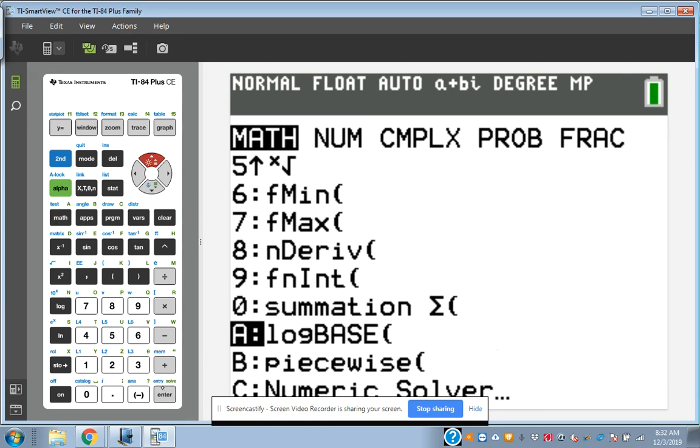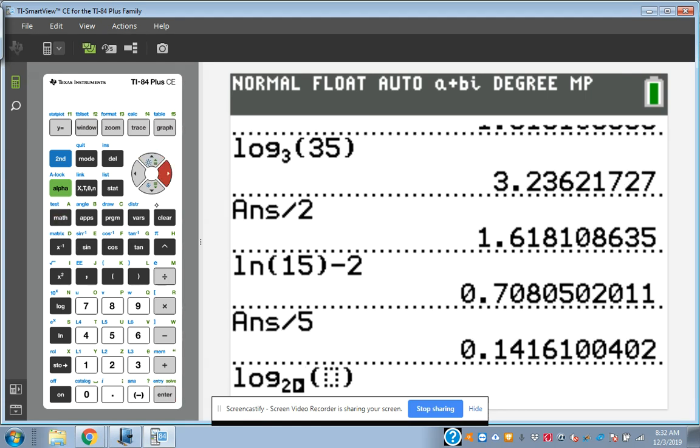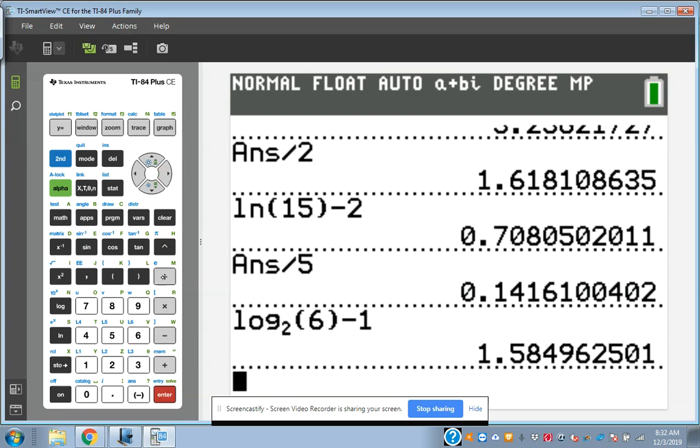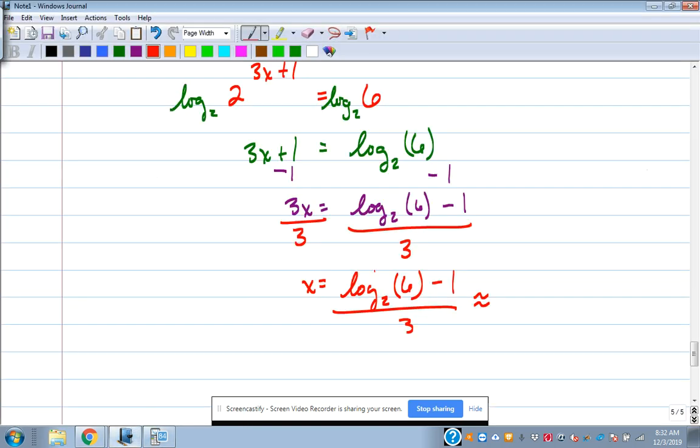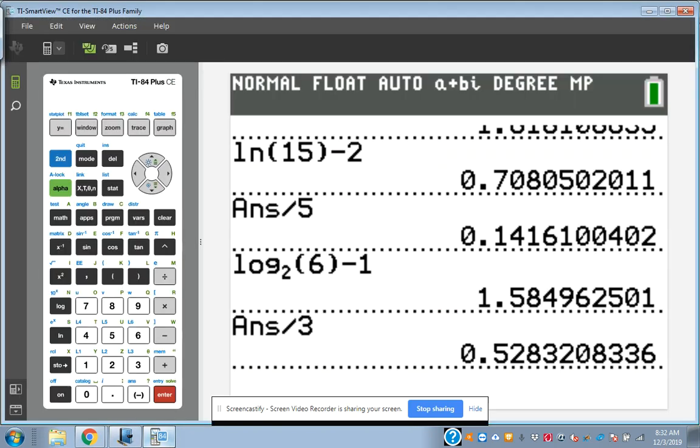Log base 2 of 6 minus 1, divided by 3. On the log base 2, you're talking about this because that 6 is locked inside of the log, and you can't do an operation on something that's inside of a log. And what was the number? 0.528.